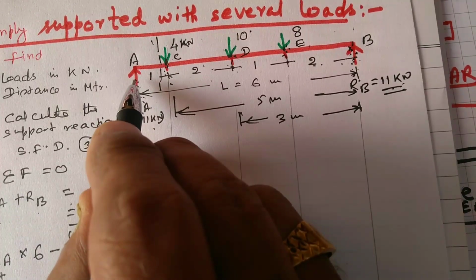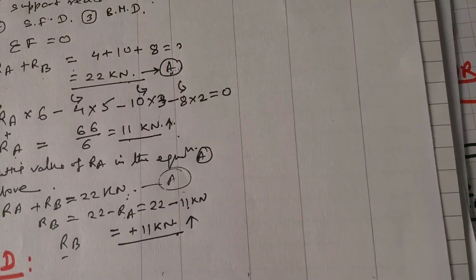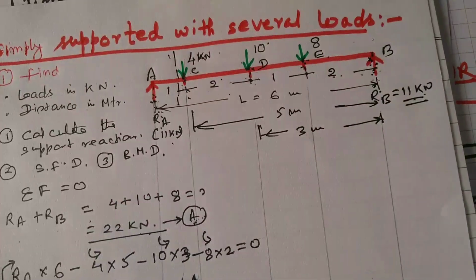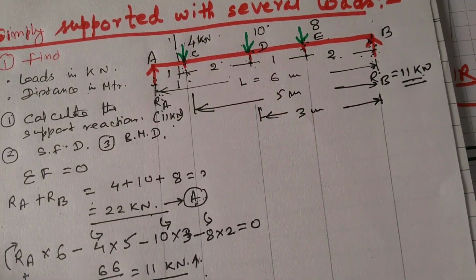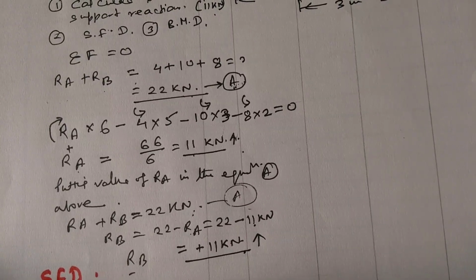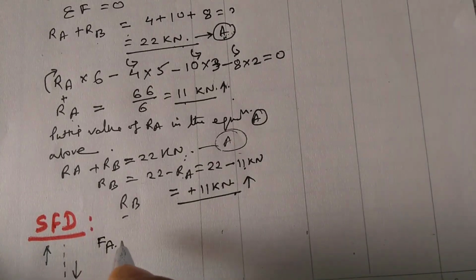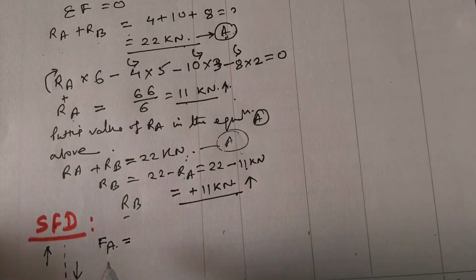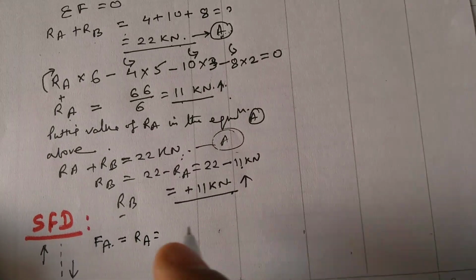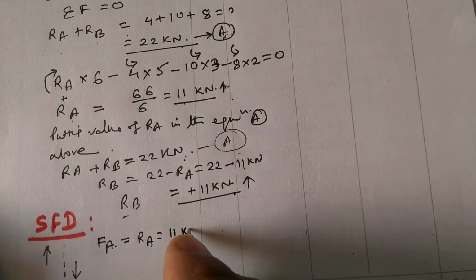So write down what will be the shear force at point A. Here write down FA equal to RA equal to 11 kilonewton.